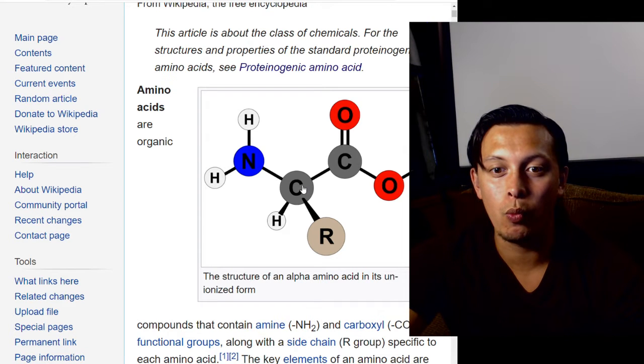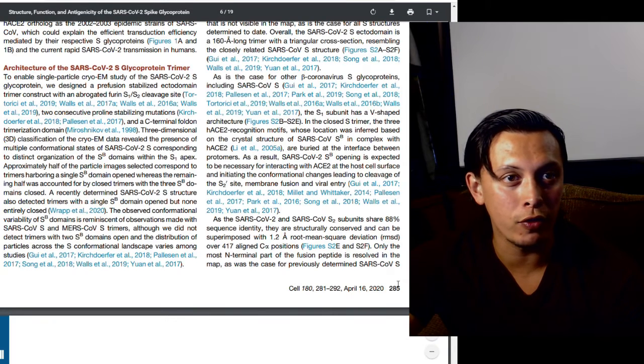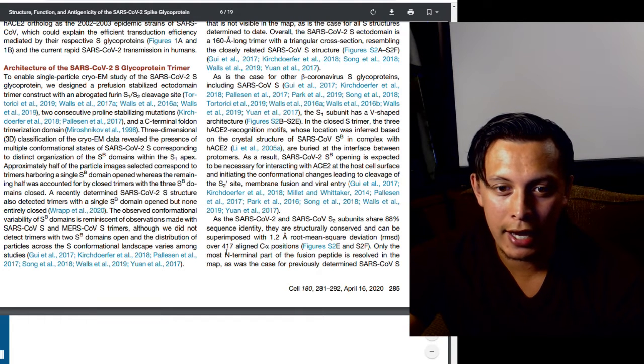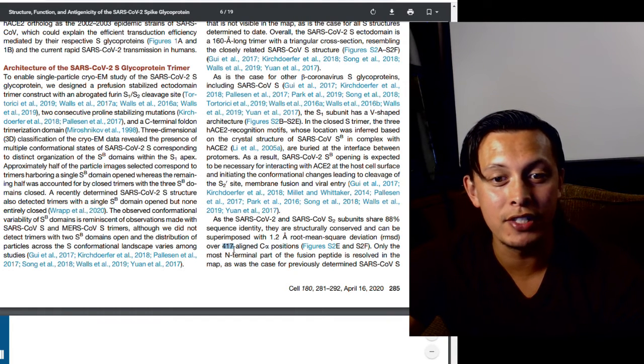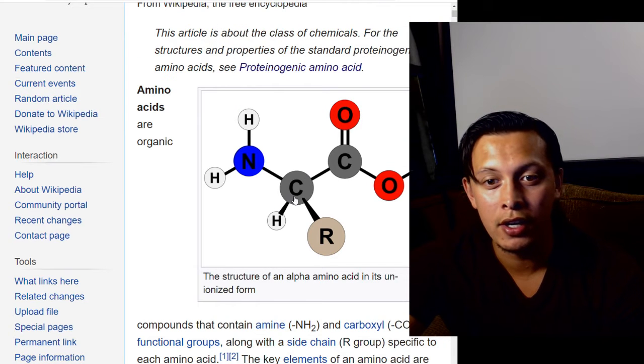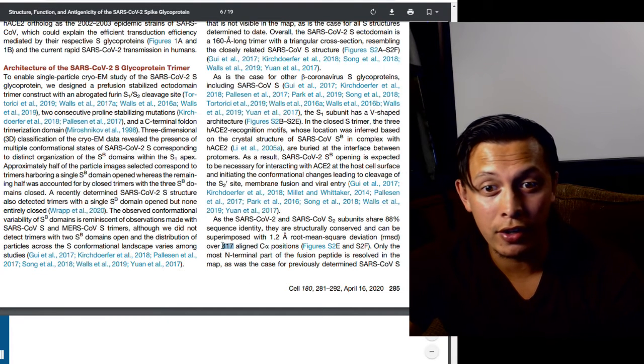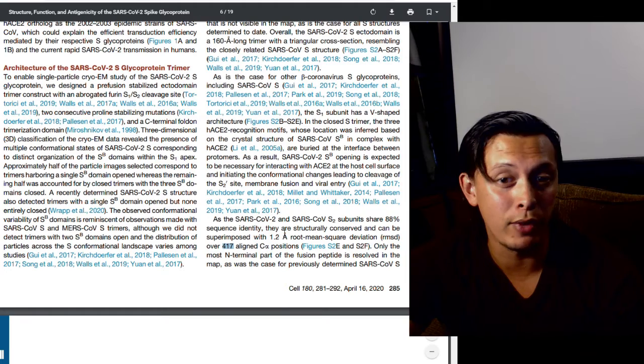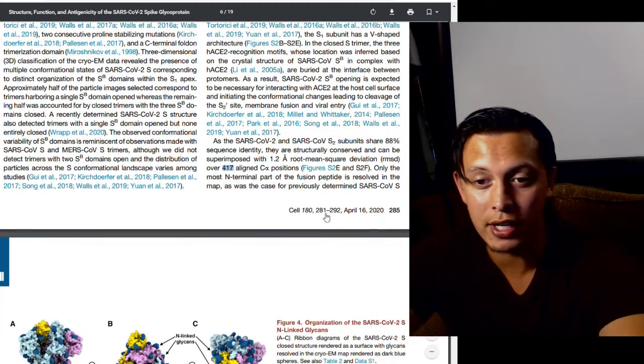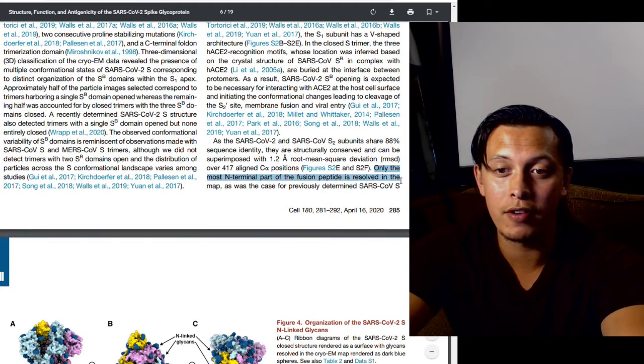So when they say over here that you can align 417 of these alpha carbons on both the new and the old coronavirus, and they are pretty darn close together, over 417 aligned residues. So that's basically what they're saying here, that they're very similar.